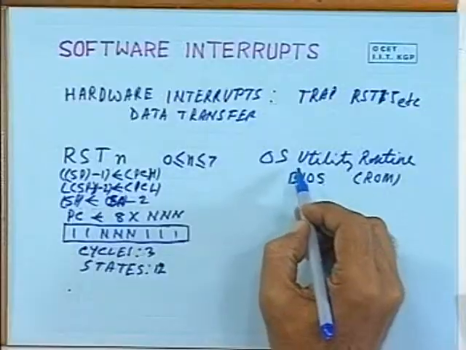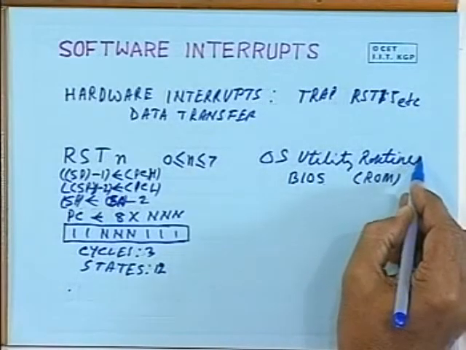You may be asking that instead of using subroutine calls, why you are using software interrupts? What advantage does it have? We could have implemented all the operating system utility routines with the help of subroutine calls. Instead of that, why normally are software interrupts preferred?